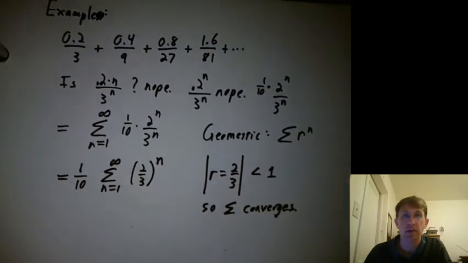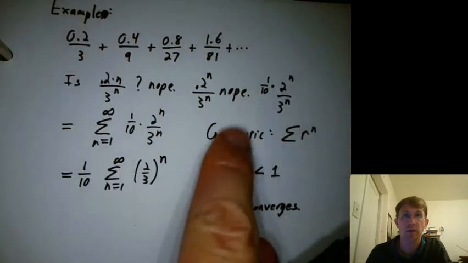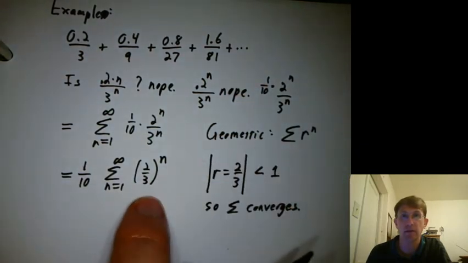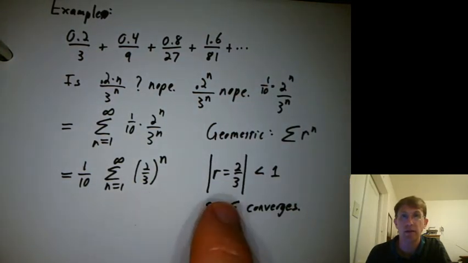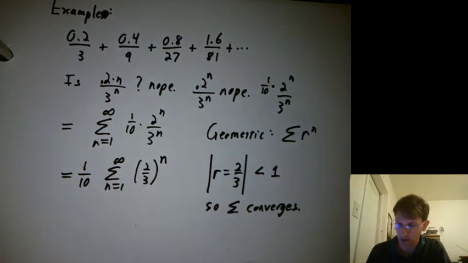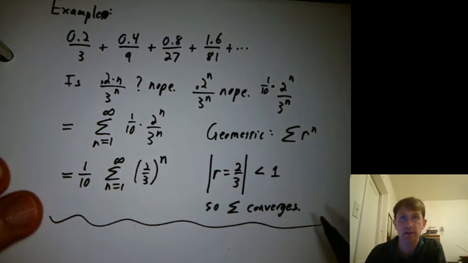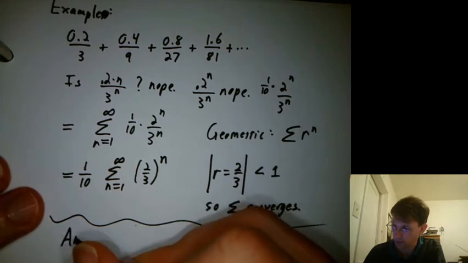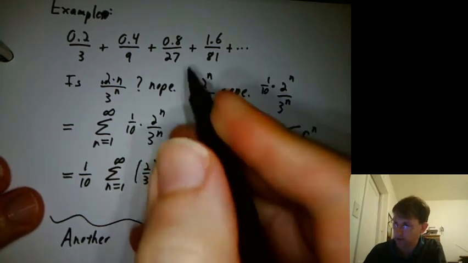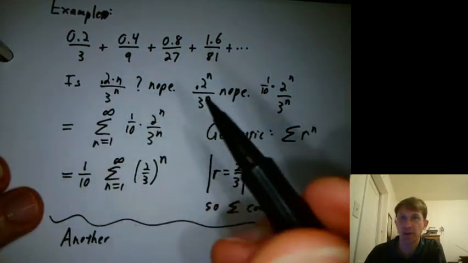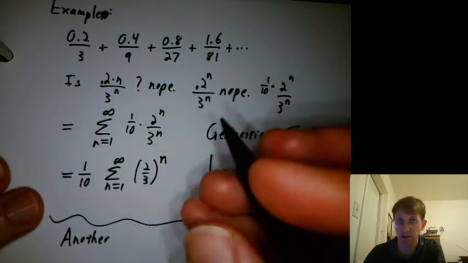So that's pretty nice. We turned a set of numbers into something that we recognize as a geometric series, and even figured out that the sum converges. What else can we do about it? Well, before we go on, let's think of another way to see that it's a geometric sum, one that doesn't even depend on moving the 1/10 out or realizing that the 1/10 is even there.